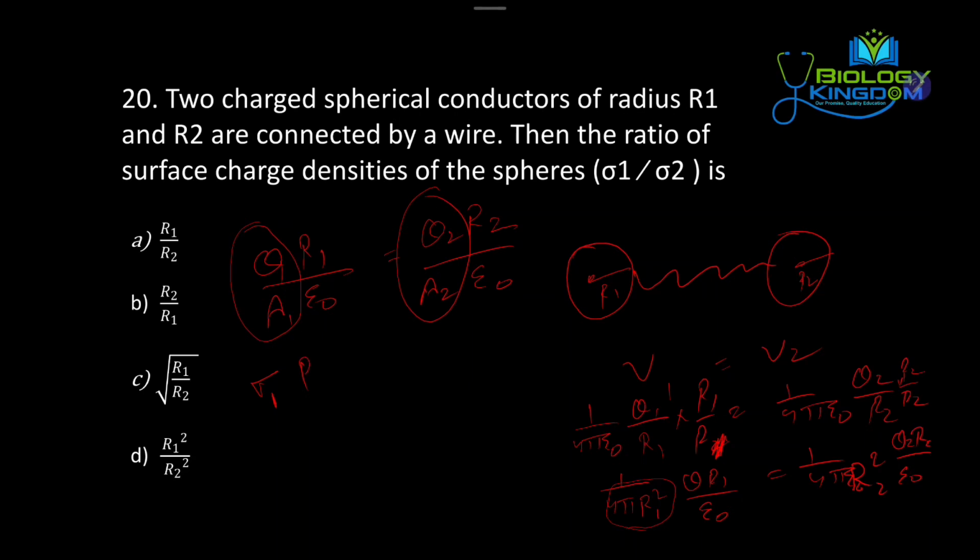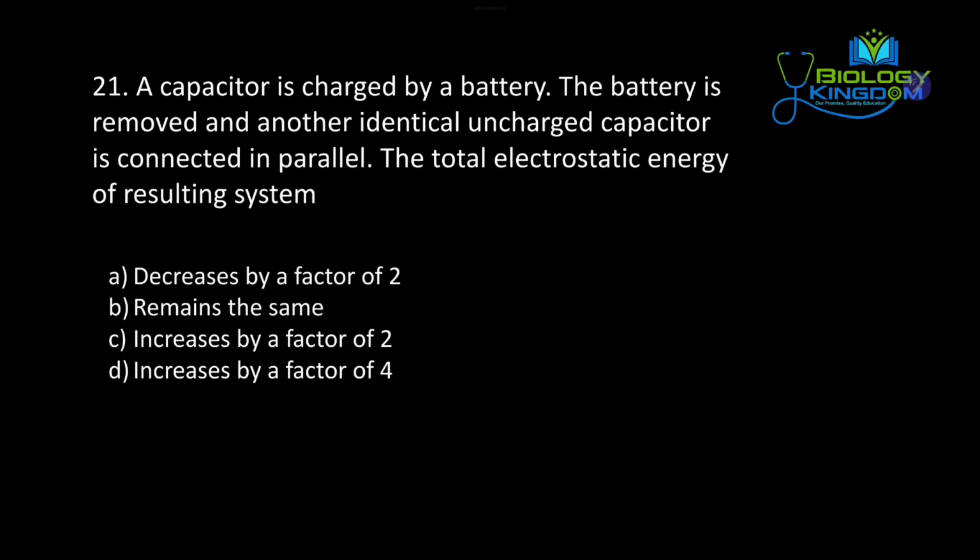So it will become sigma 1 R1 by epsilon naught equals sigma 2 R2 by epsilon naught, and epsilon naught will get cancelled. So sigma 1 by sigma 2 will be equal to R2 by R1. We had to find the ratio of sigma 1 and sigma 2, so the answer is R2 by R1. So option B is the right answer.